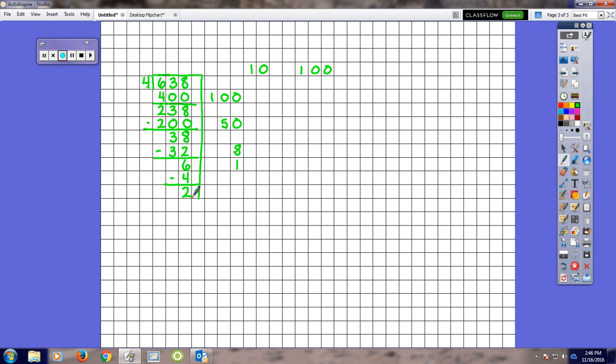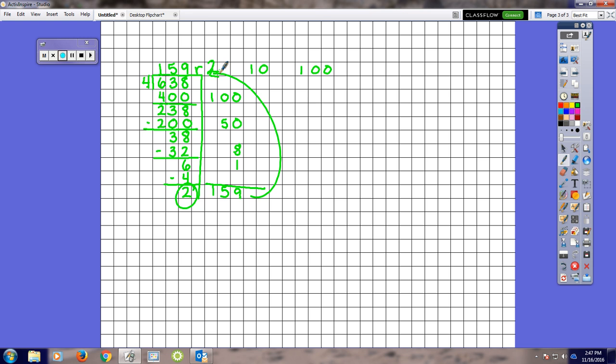Well, 2 is less than 4, so I'm done. I'm ready to add up. So I have 100, 50, 8, 1, so 159, but that's not all. I have to take this 2, and that becomes my remainder. So it's 159, remainder 2.